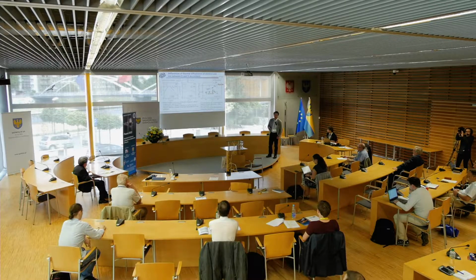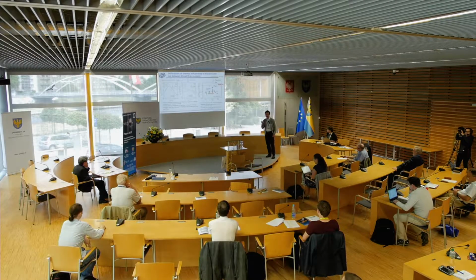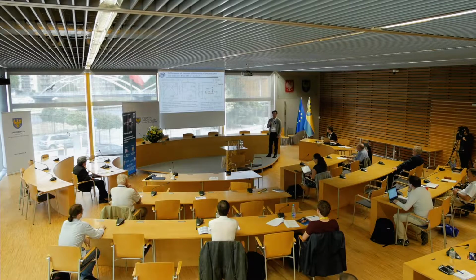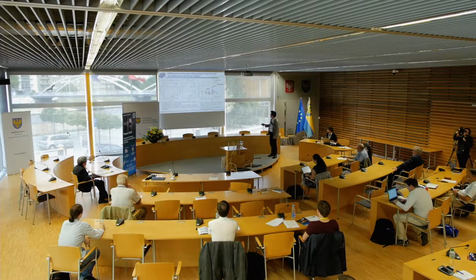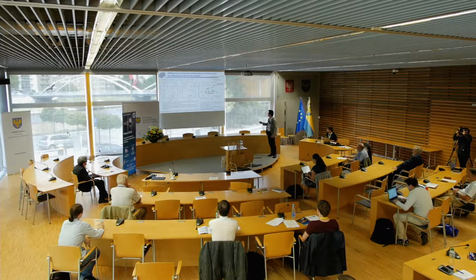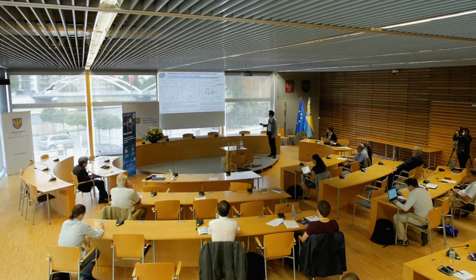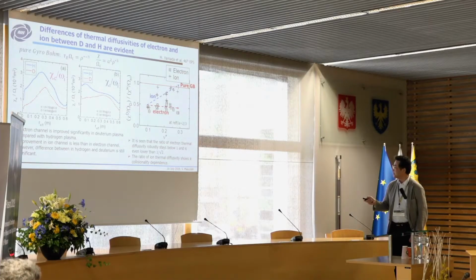And we got 15 such dimensionally similar discharges, and we get such a result. The horizontal axis is the normalized collisional frequency, and the vertical axis indicates the difference of the thermal diffusivity.